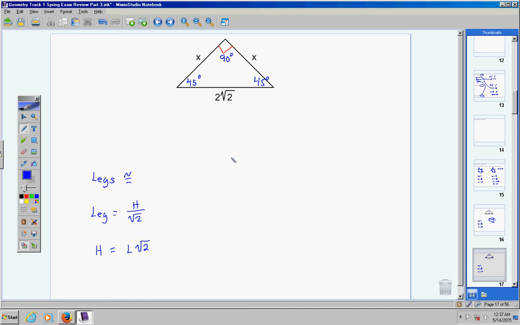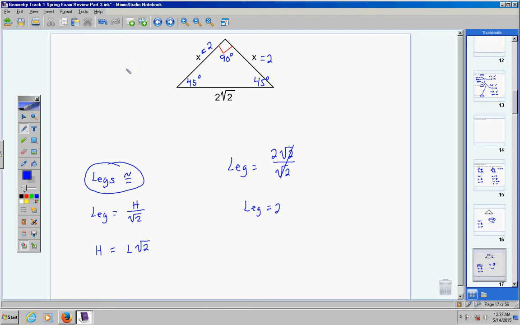So in order to find a leg, according to this formula right here, I take my hypotenuse, which is 2 square root of 2, and divide it by square root of 2. Well, these would cancel, and the length of your leg would equal 2. So x here would equal 2, and x here would equal 2 because the legs are congruent when you have a 45, 45, 90 triangle. Alright, not too bad.